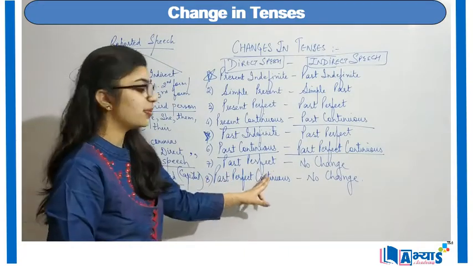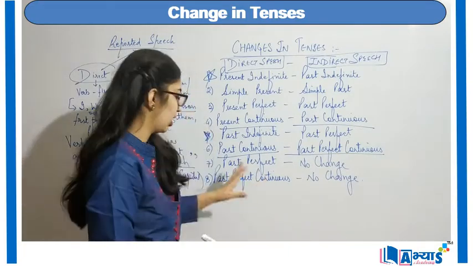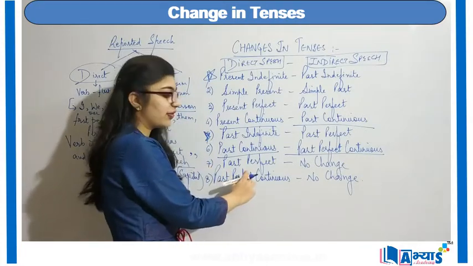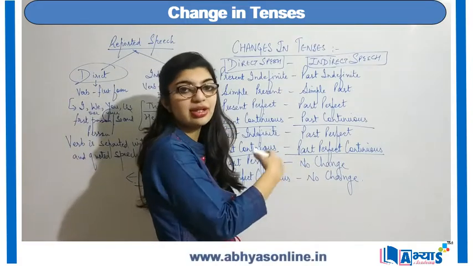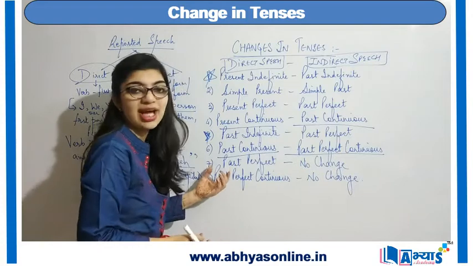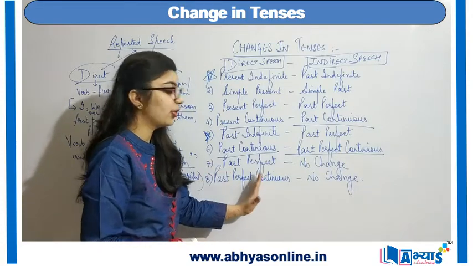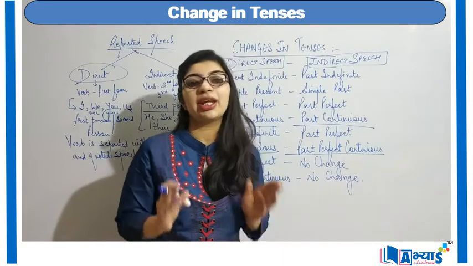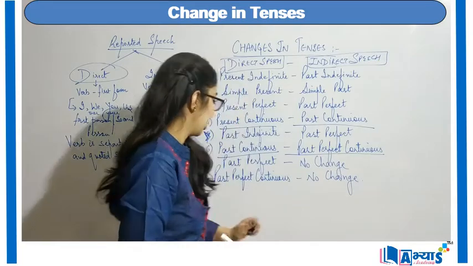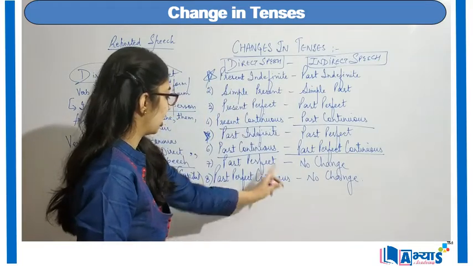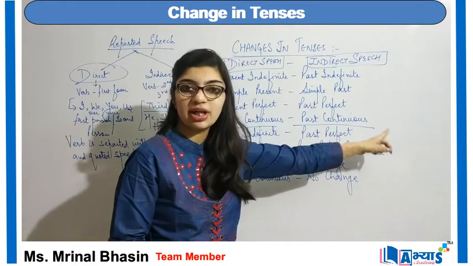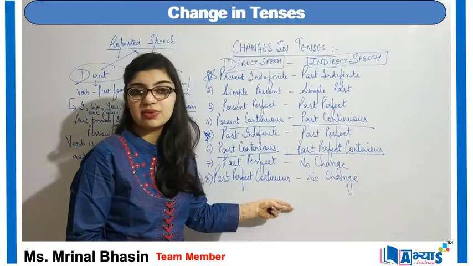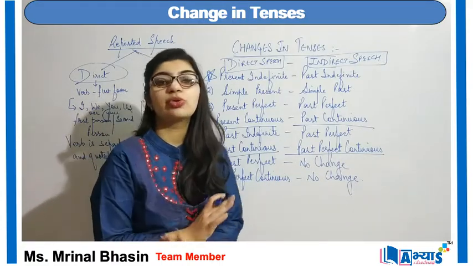And for past perfect, there is no other change: when a direct sentence in past perfect is changed to indirect, it will remain in past perfect. Similarly, past perfect continuous: past continuous changes to past perfect continuous, but when a direct sentence is already in past perfect continuous, for indirect we will make no changes.